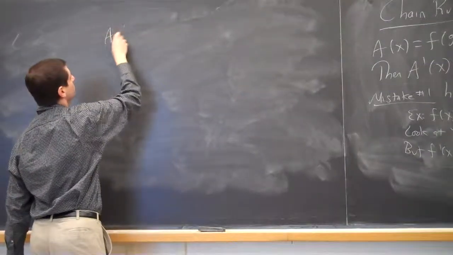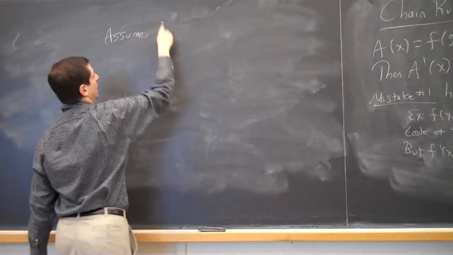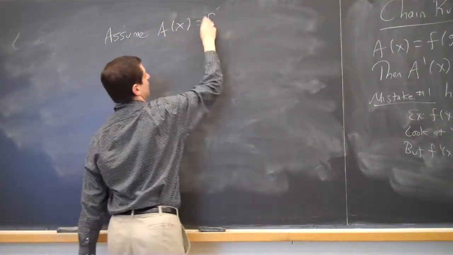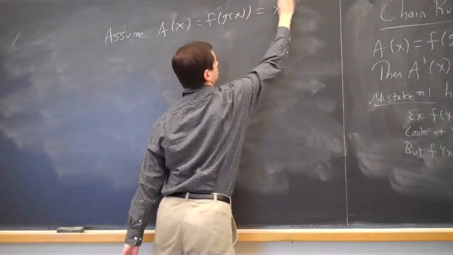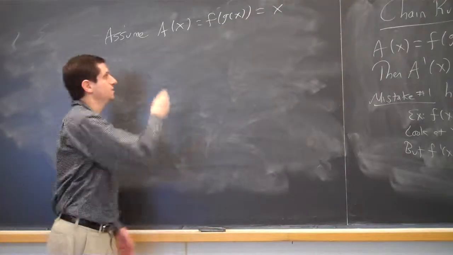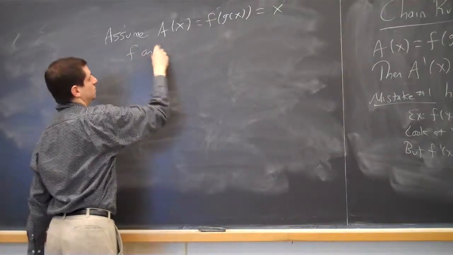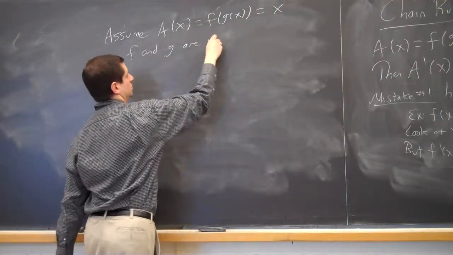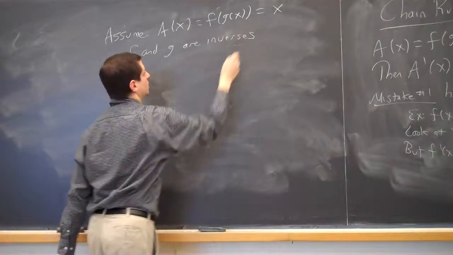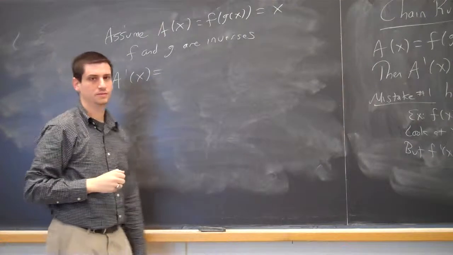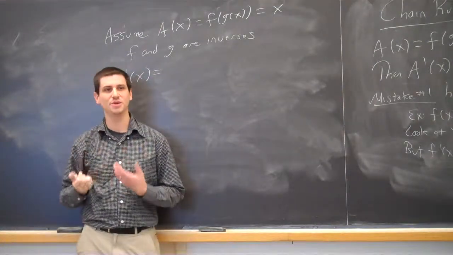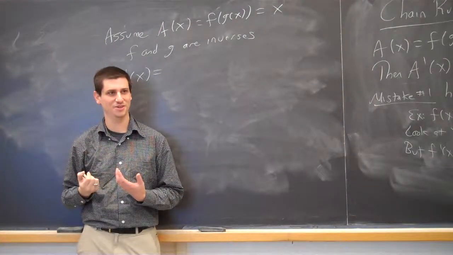So assume a of x equals f of g of x equals the function x. So f and g are inverses. What does a prime of x equal? There's two ways to compute it. Somebody give me an easy way to compute a prime.